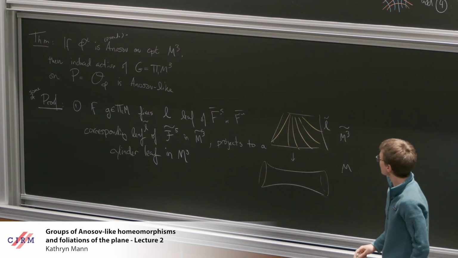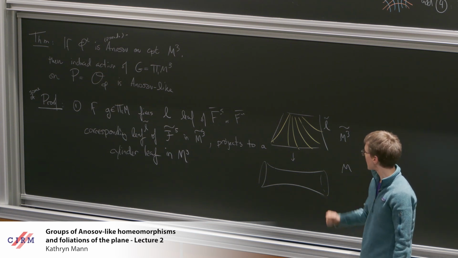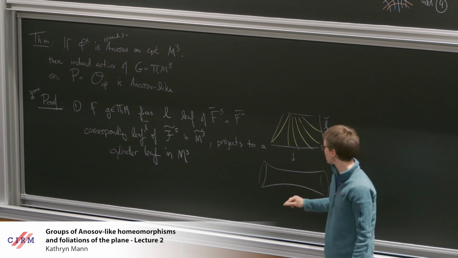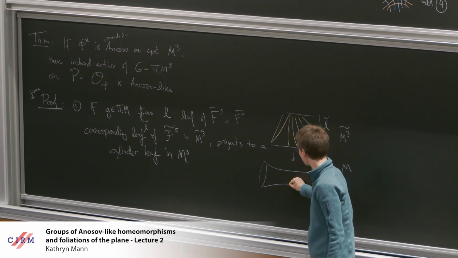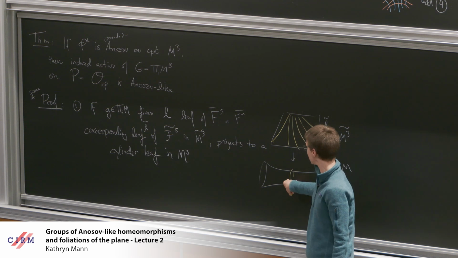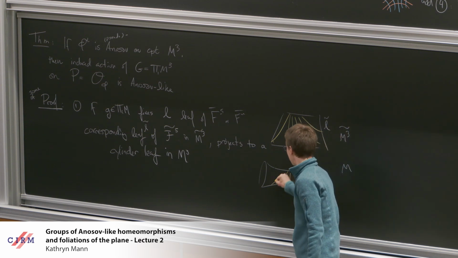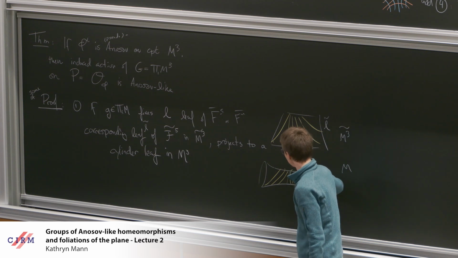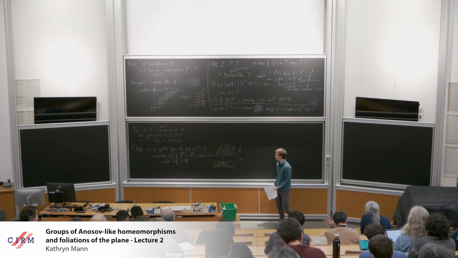And the type of arguments we were doing last time using Novikov's or Haefliger's theorem says that, in fact, there is a periodic orbit here that represents the core curve, the fundamental group of this cylinder, and the other ones spiral onto it. Okay.